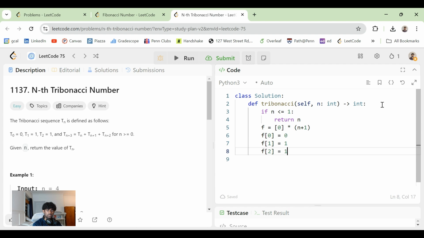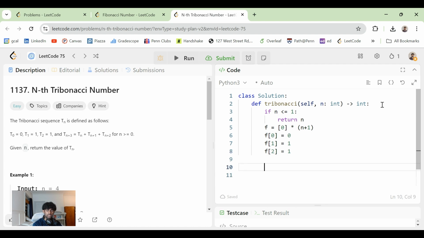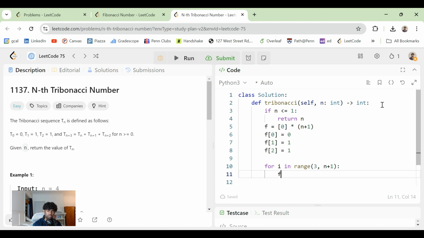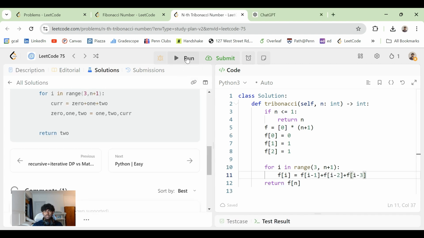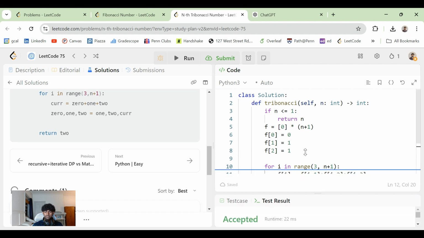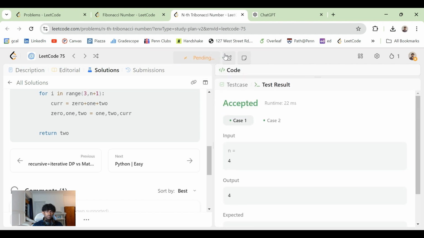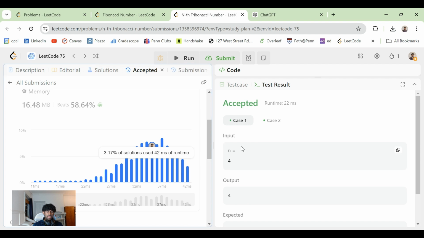Very similarly, we can go for i in range now from 3 to n plus 1. f of i equals f of i minus 1. Small mistake here. It's meant to be i instead of n. Sweet. That solves our problem. Perfect.